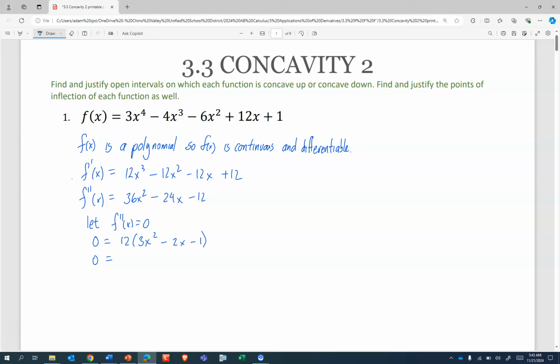And we can drop that 12 as well. Let's see, that's going to be a 3x, an x. Okay, so the negative is going to be over here, because 3x times negative 1 is negative 3, plus x is negative 2x. Okay, so x equals negative 1/3, x equals 1.